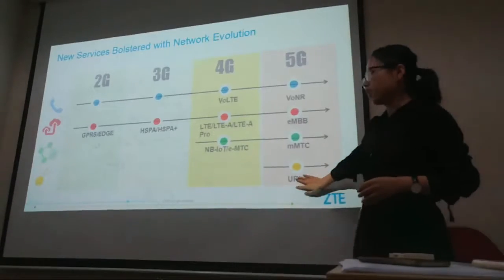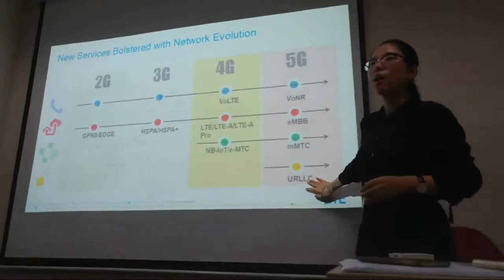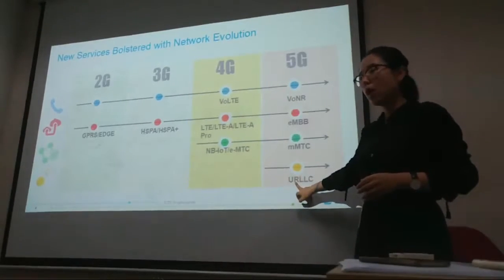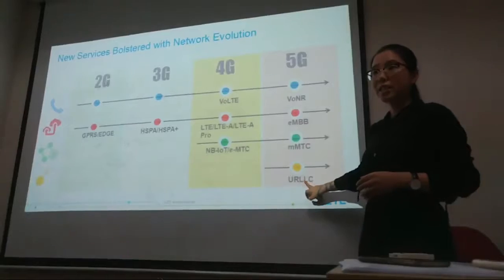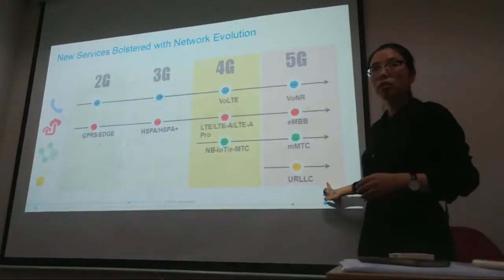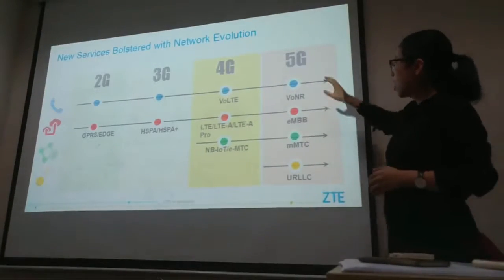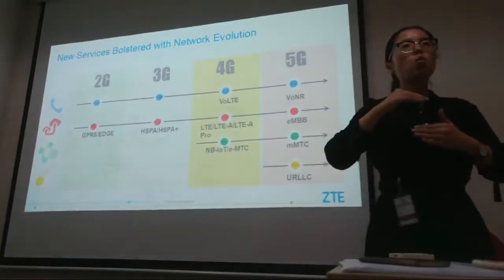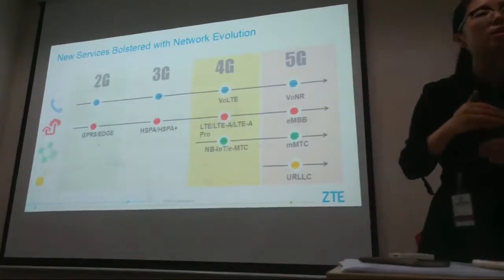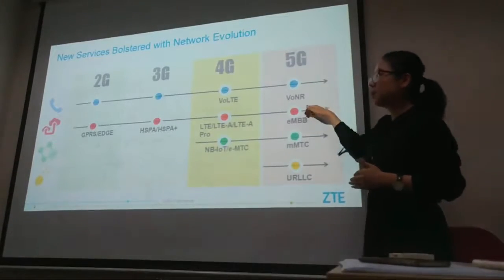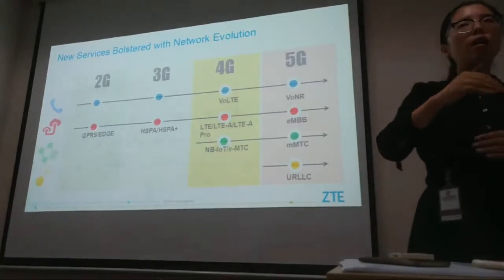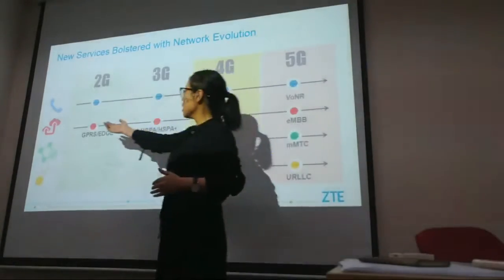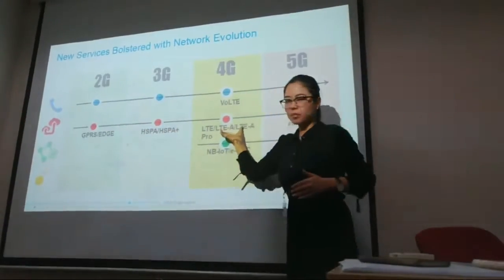So we define another one, URLLC, ultra reliable and low latency communication. So we have two others: mMTC is related to massive machine connections, and eMBB supports the normal data service, like from 2G to 3G to 4G.